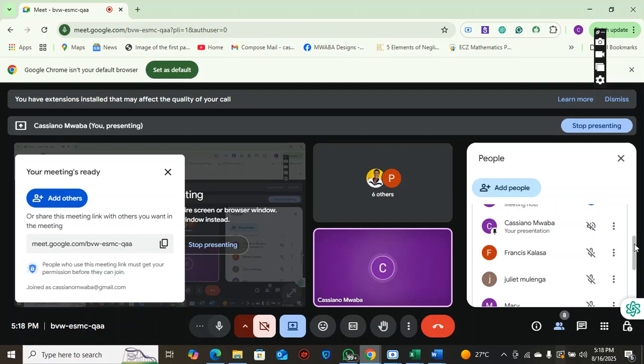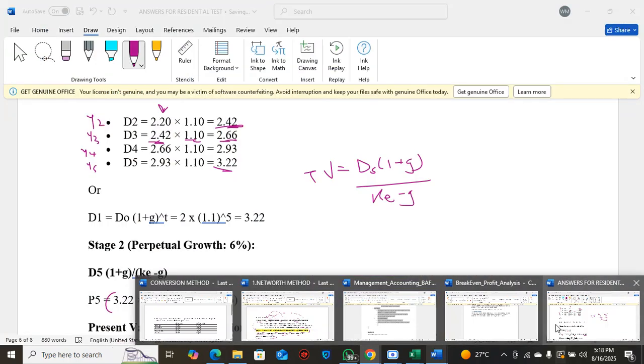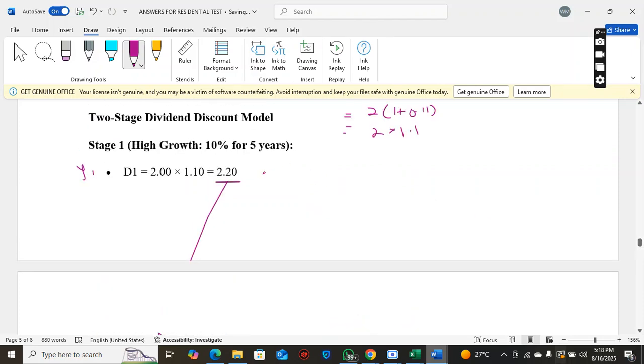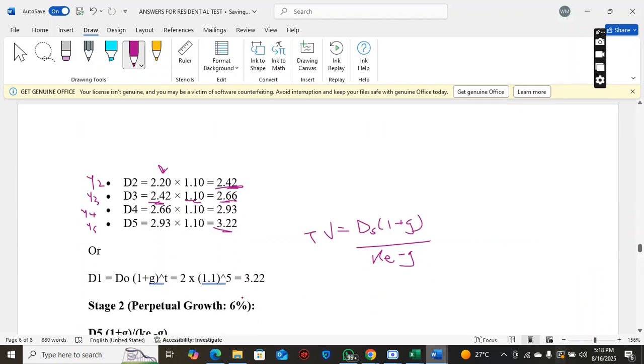Then after that, now we can get the present values. The present values of these expected dividends for year one up to year five, and the present value of the dividends after.